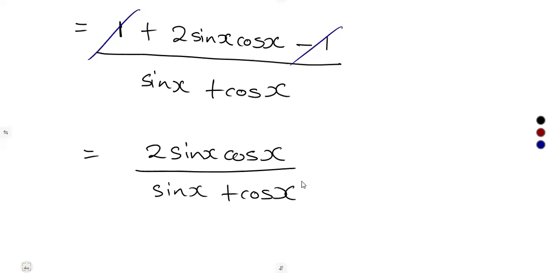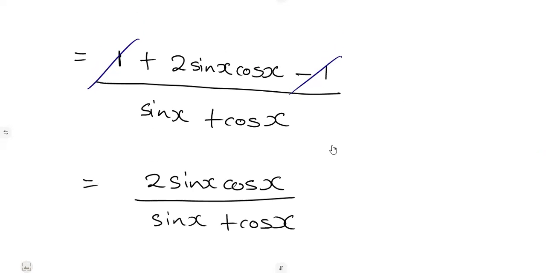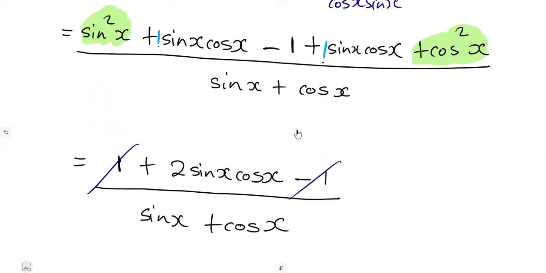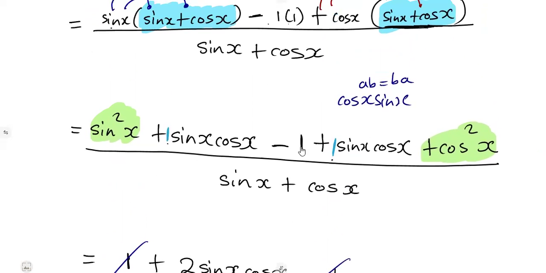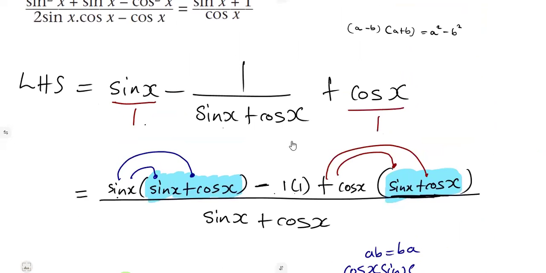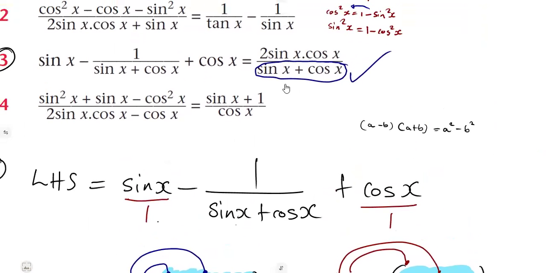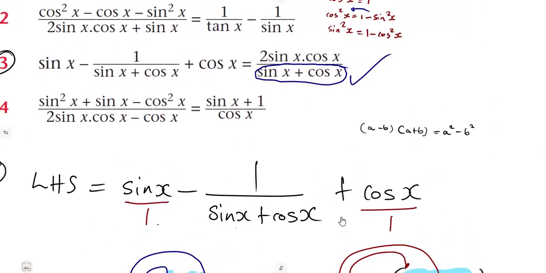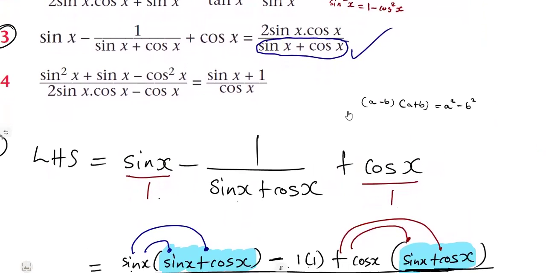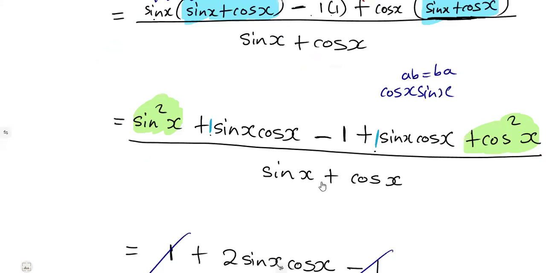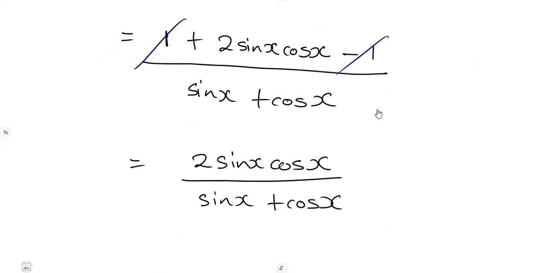Is it exactly what we were given on the right-hand side? Let's look again, and see. Guys, if you are proving, you have to be careful. 2 sine x times cos x over this. This is it. We are done.